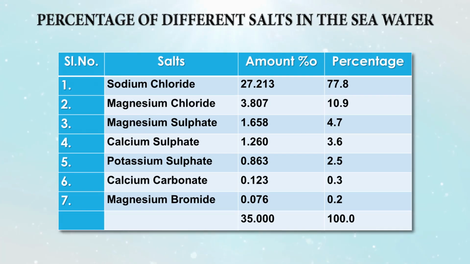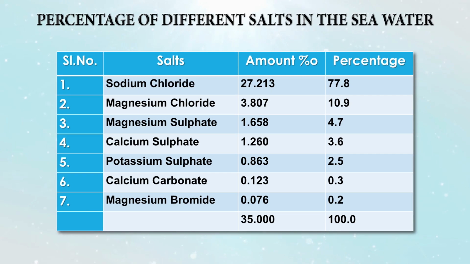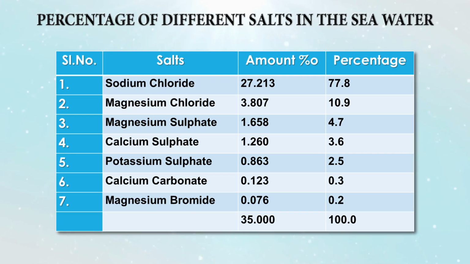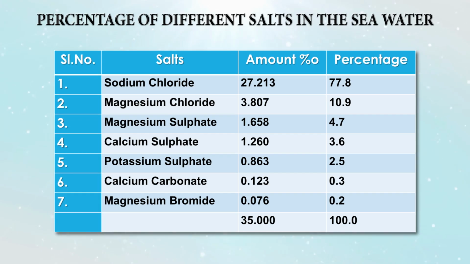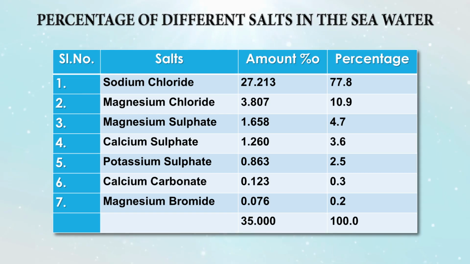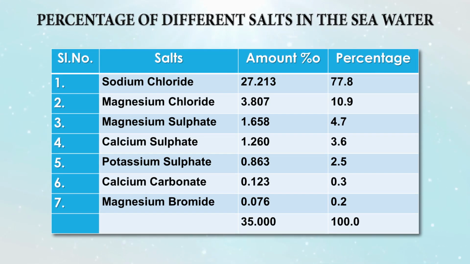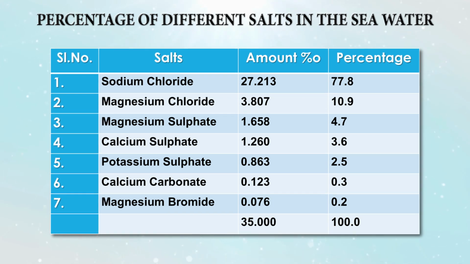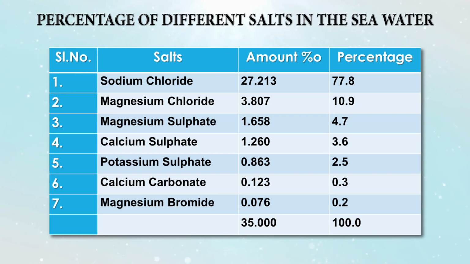Let us see in this table. You can see the salts are mentioned in the left column, like sodium chloride, which is the most prominent salt present in seawater. If we consider the average salinity as 35 per thousand, then the amount of sodium chloride is about 27 per thousand.